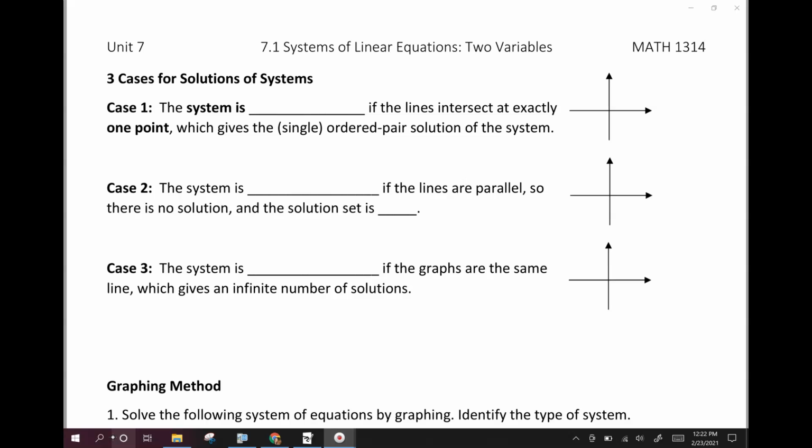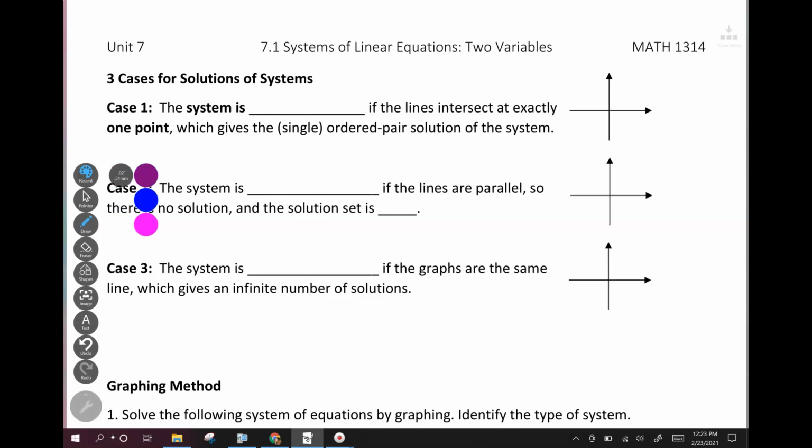When it comes to systems of equations, you've got three possibilities, three types of systems you could have. The system could be independent, and that happens if the lines intersect at exactly one point, which gives a single ordered pair solution of the system.